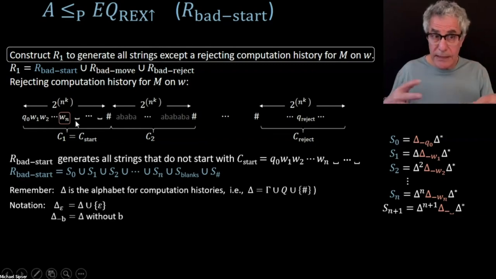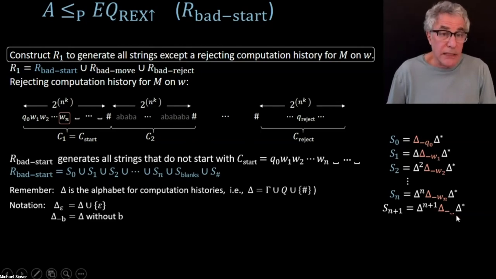Again, I'm describing these strings which are not the start configuration. So it could fail because there's not a blank where there's supposed to be a blank. And if I do that for each one of these, that would work.